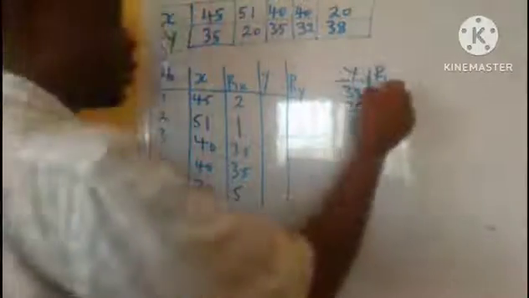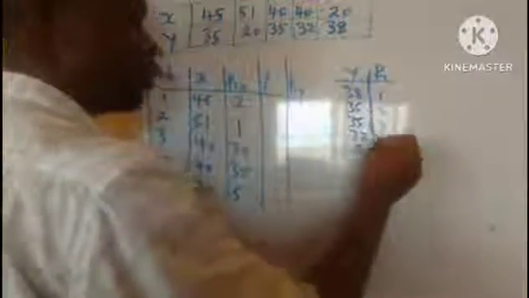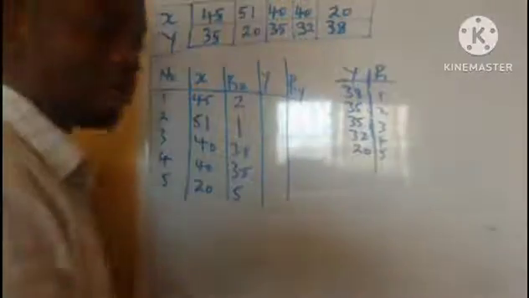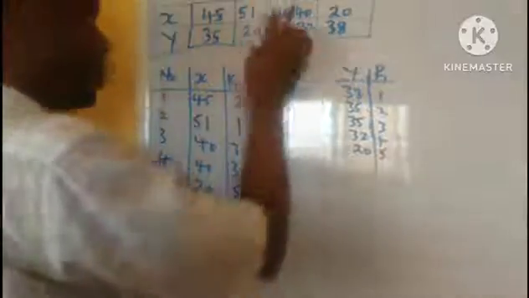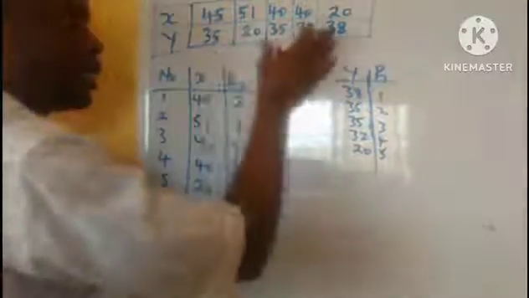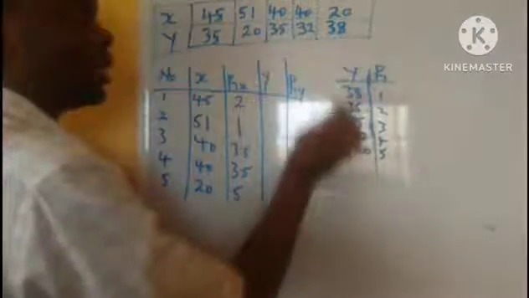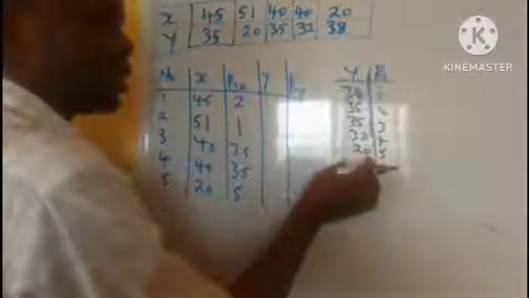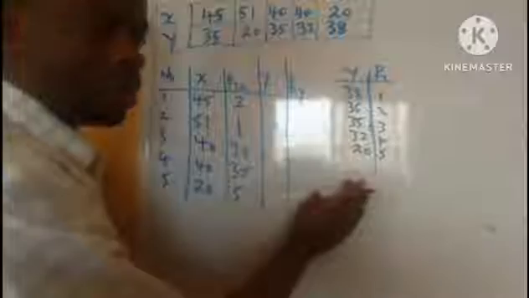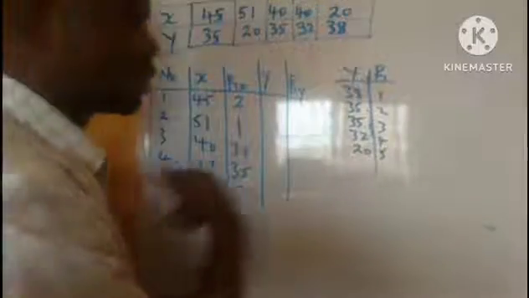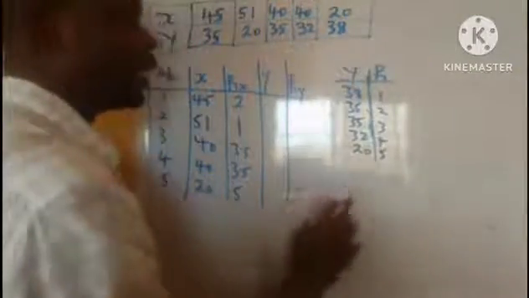So I'll rank them first, second, third, fourth, from the highest. You have to start from the highest. If you want to rank it, you start from the highest. Do you understand? I pick the highest first on the rank table, the same thing we did to x.